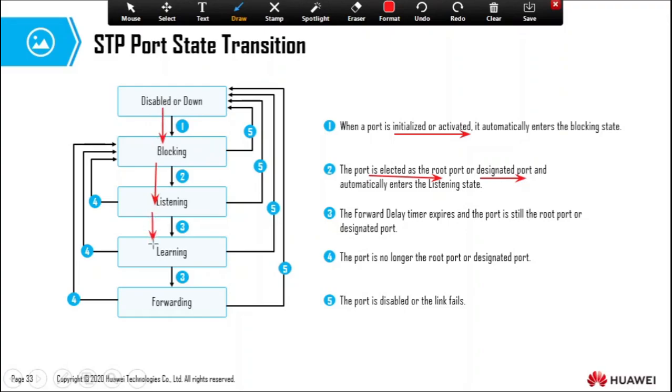You can also transition from listening to learning if the forward delay timer expires. Normally we have a forward delay timer of 15 seconds. So only a root port or designated port can be in this state and transition from listening to learning.